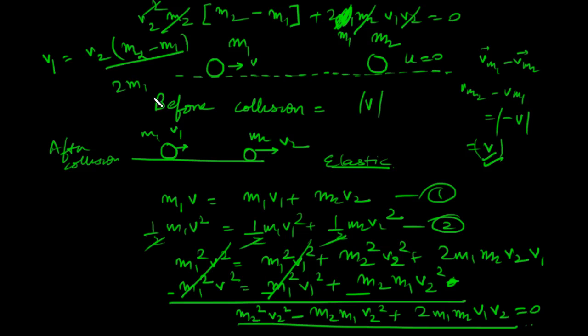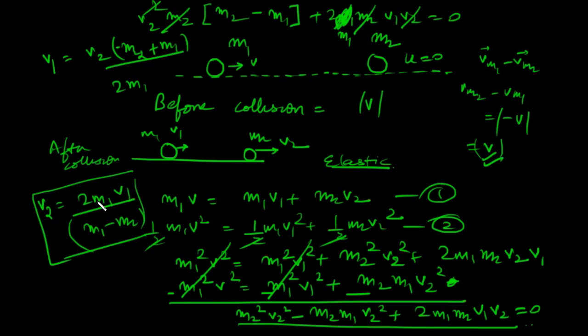Alright, so this is the expression for v1. And from here v2 would be equal to 2 m1 v1 upon, this would be minus because this would go over here, so we have 2 m1 v1 upon m1 minus m2. Alright, this is v2 in terms of v1.